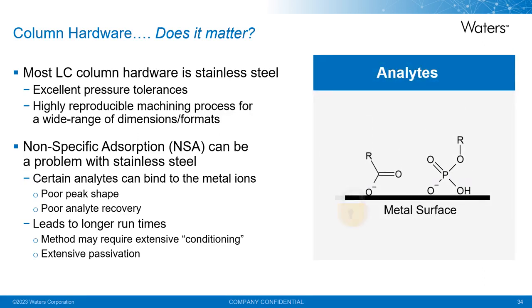So what this means is that if you're analyzing analytes that are acids or phosphates or even sometimes nitrile containing type compounds, it can be unpredictable. These analytes may bind to or have a chelating type reaction with the metal surface. And again, this can be unpredictable and it's not static. These analytes may bind and then release as well at unpredictable times.